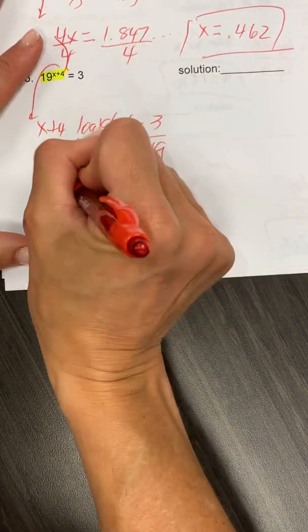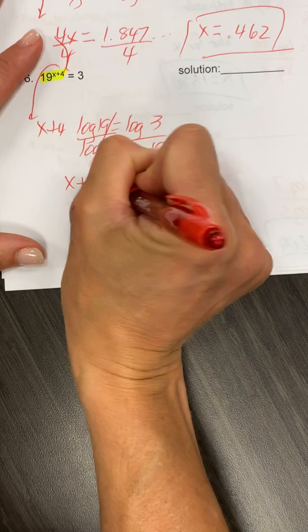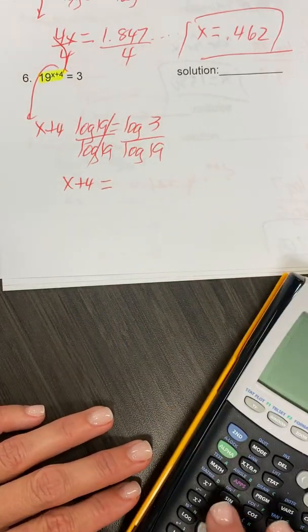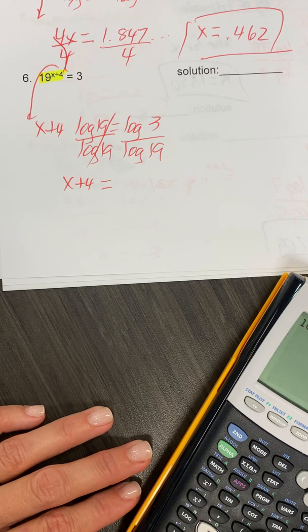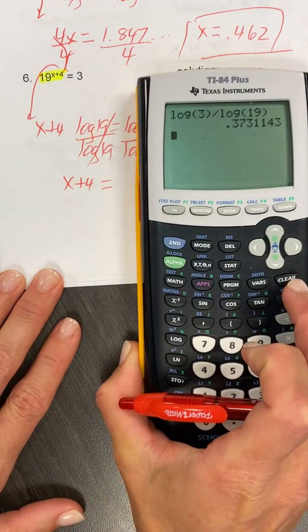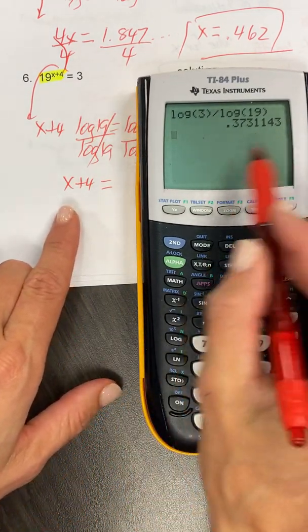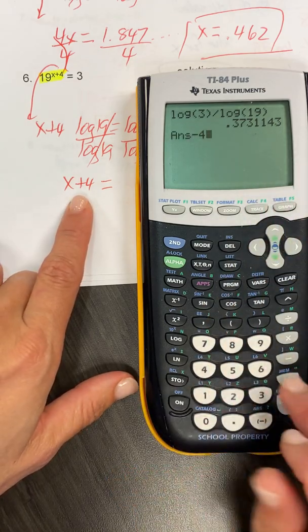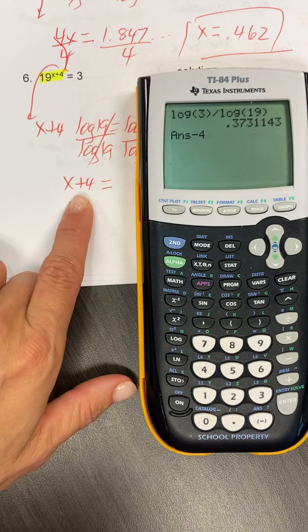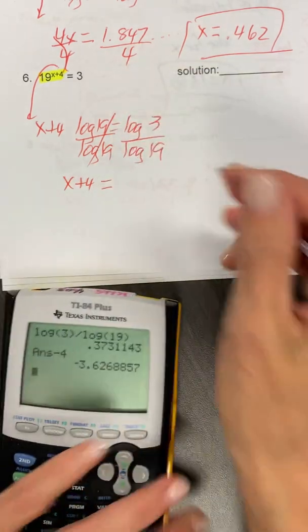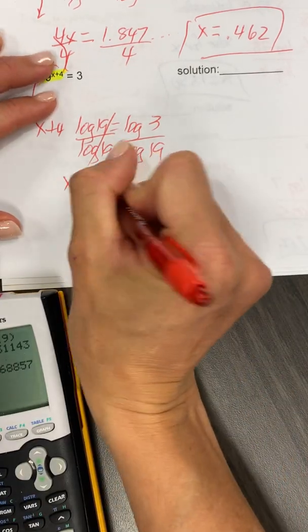Some real number, x plus 4 equals, oh geez, I have to use my calculator. 0.373. Log of 3 divided by log of 19. And if you want to just leave this up on your screen and then just subtract 4, that's what I would suggest. And then just round it at the very end. Subtract 4 to what I got there.